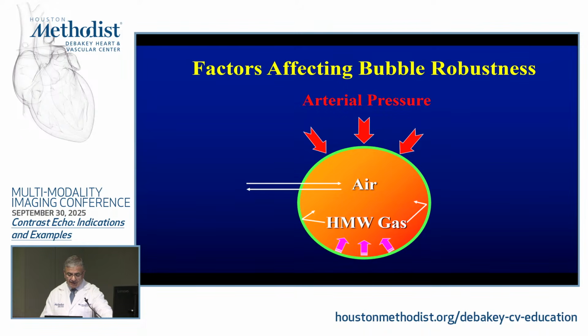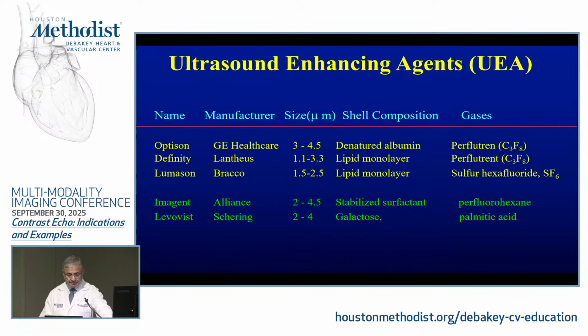With a high molecular weight gas, as we use with the second and third generation ultrasound agents, with a thicker shell, you may not have much of that, and therefore you get these tiny little microbubbles, and then, because of their size, you'll be able to cross the pulmonary circulation to the left side.